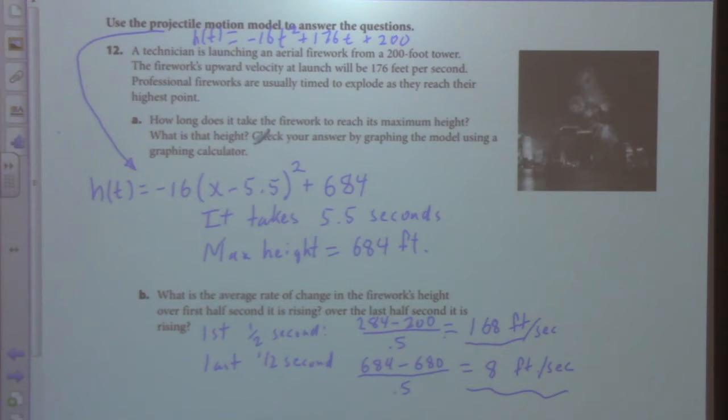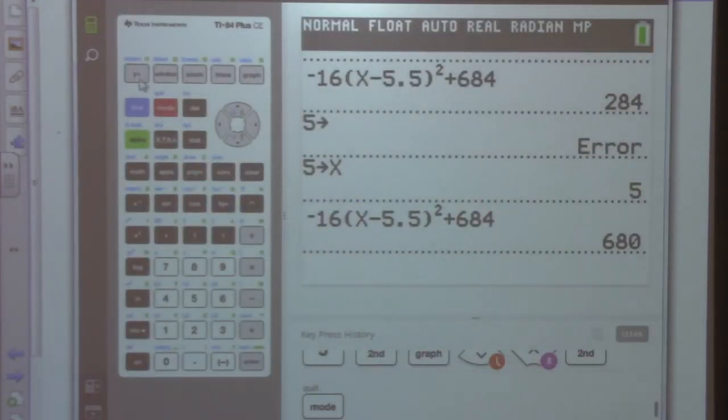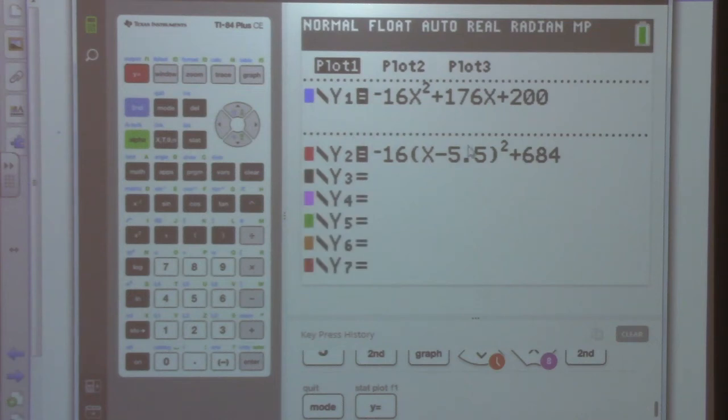And then it says, finally, check your answer by graphing the model using a graphing calculator. So what I did is I placed these two functions into the graphing calculator. Now, do you notice that I put both versions there?